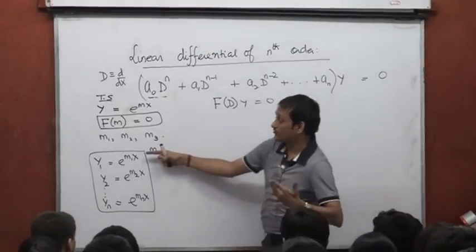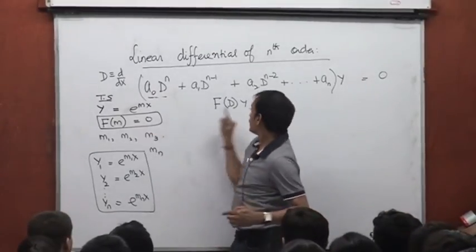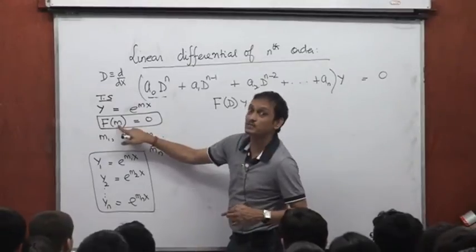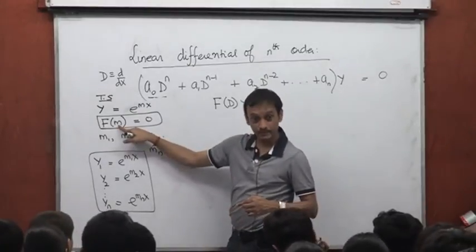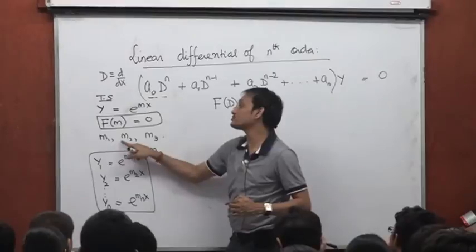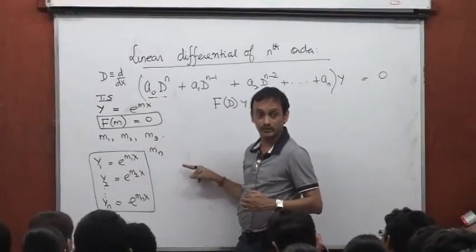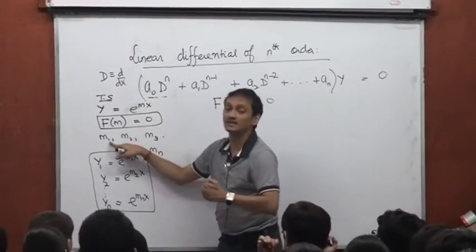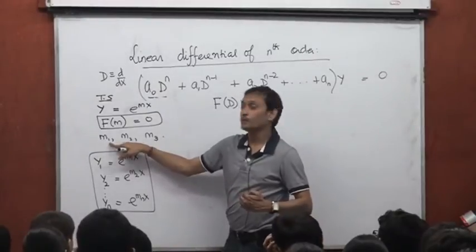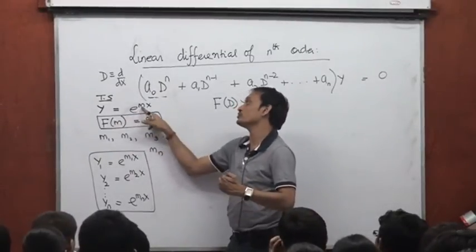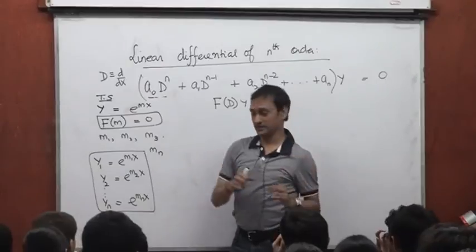How are these values of m obtained? When in F(D) you replace D by m and solve for m, these m's are obtained: m1, m2, m3, ..., mn. Corresponding to each of these mi's, the solution yi = e^(mix) was obtained.